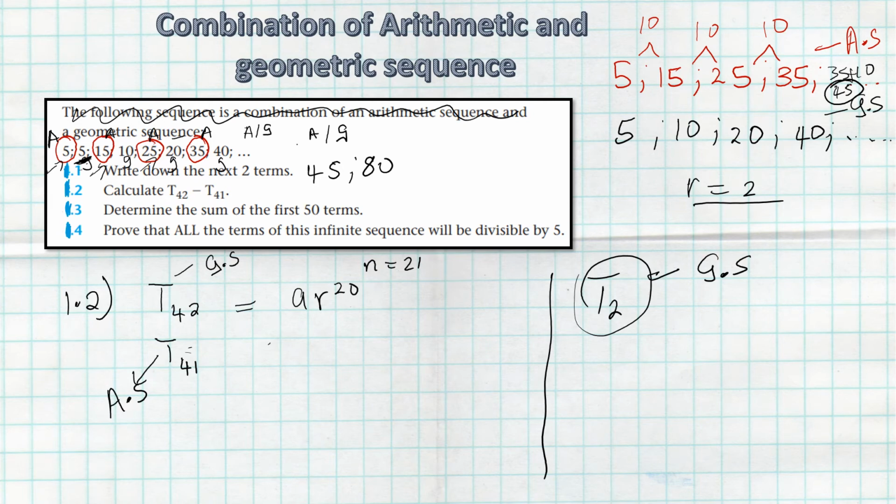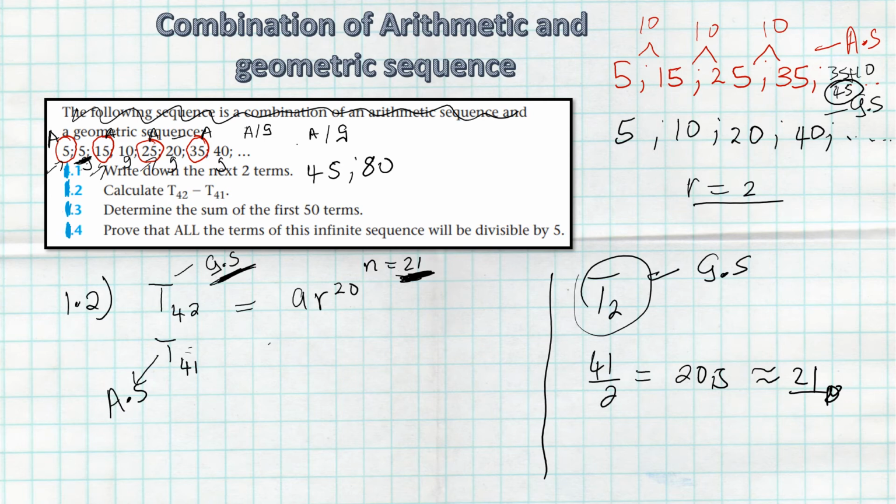We have seen that term 42 was for the geometric sequence, and on its sequence itself it was number 21. For term 41, if we say 41 divided by 2, you'll get something like 20.5. If you round that, it also gives you 21.